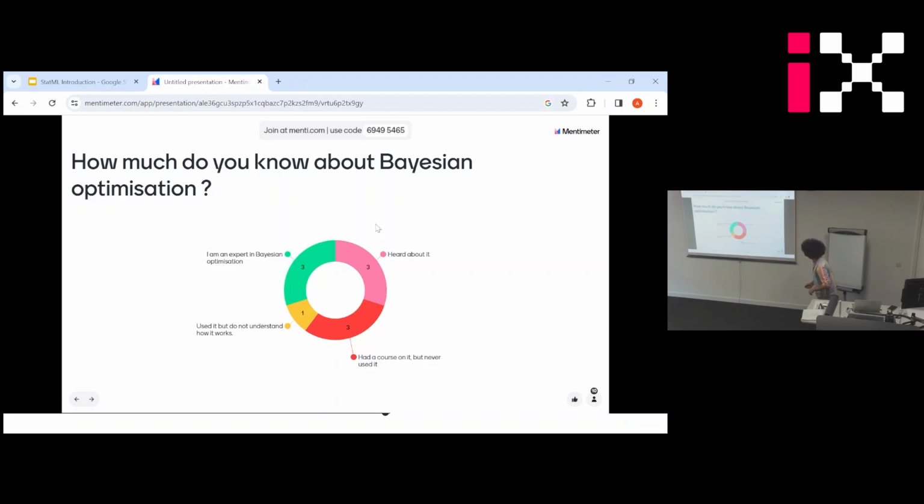Okay, so we've got everyone here. We've got a mixed bag: people who are experts, people who mainly heard about it, and people who had a course but haven't actually used it. So in this lecture, I'm going to go slightly through the basics, and we can start from there.